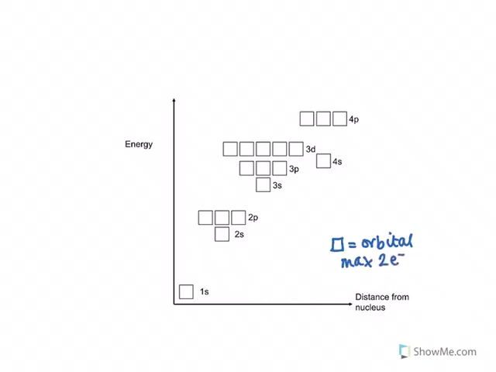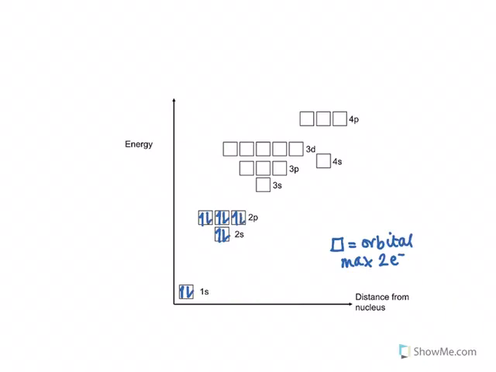So in the 1s orbital, hydrogen for instance is 1s1, whereas helium is 1s2. The next electron for lithium goes in the 2s1, then beryllium 2s2, and so on. The 2p fills one orbital half full at a time, like so.